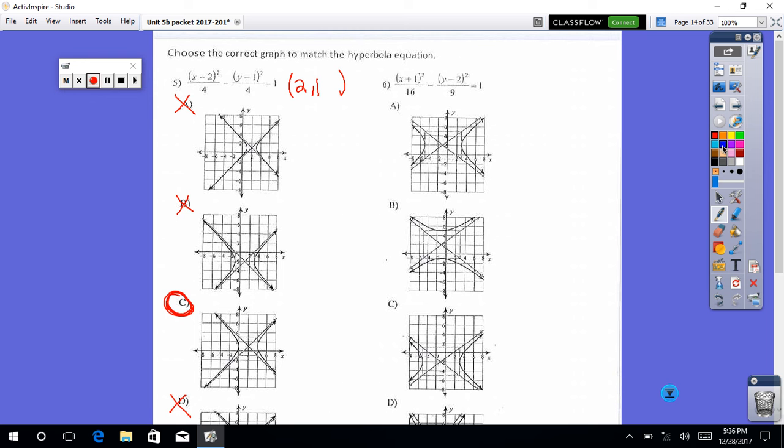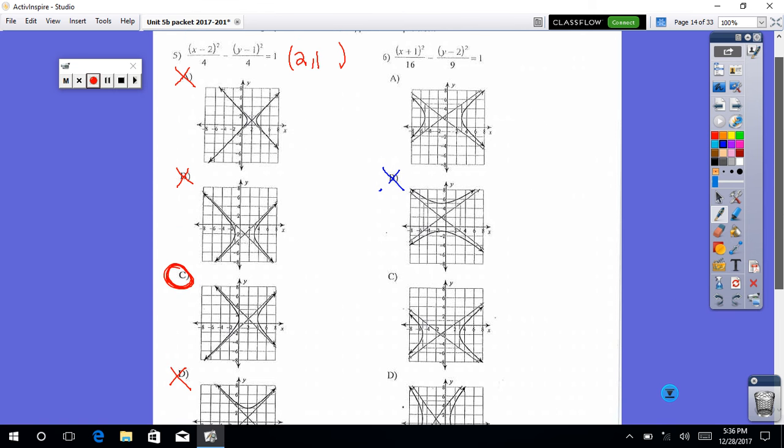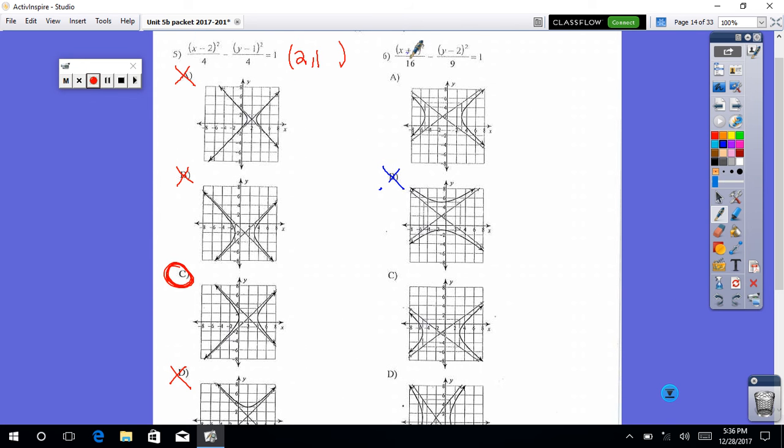Okay, jumping to number 6. Another x hyperbola. He is out, that's a y hyperbola, and the rest of them are good. My x coordinate, because it's positive 1, becomes negative 1. Because it's negative 2, becomes positive 2.